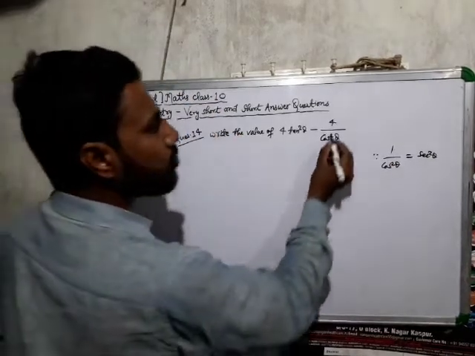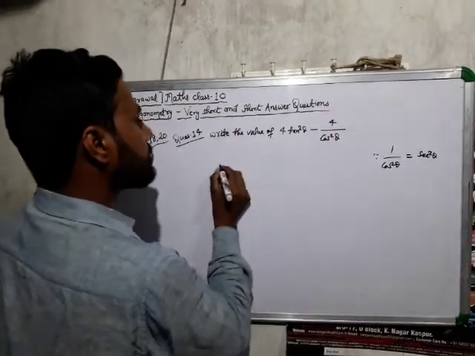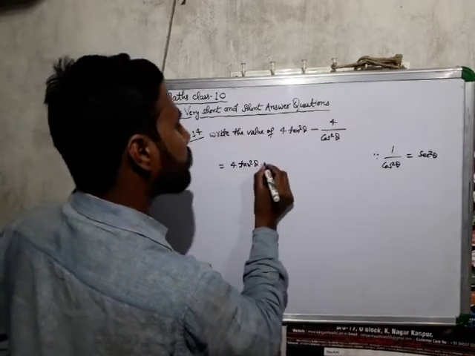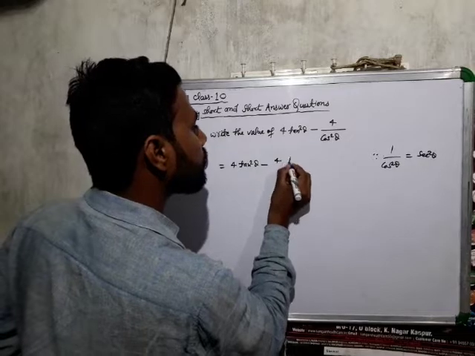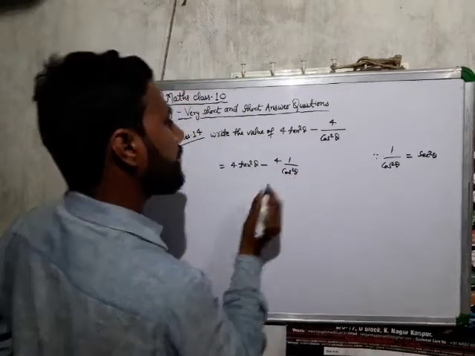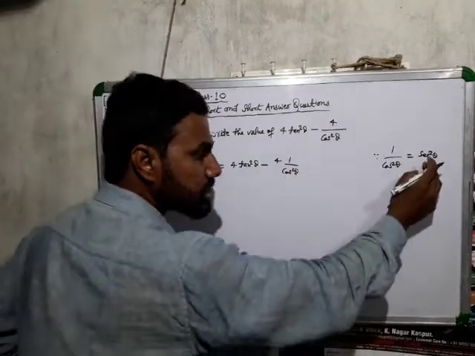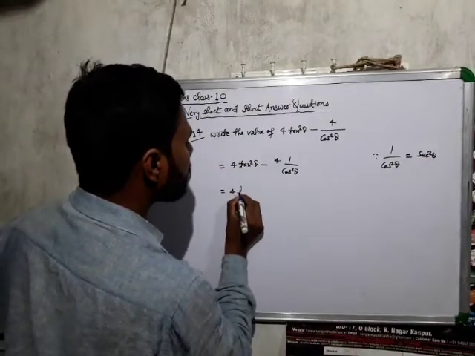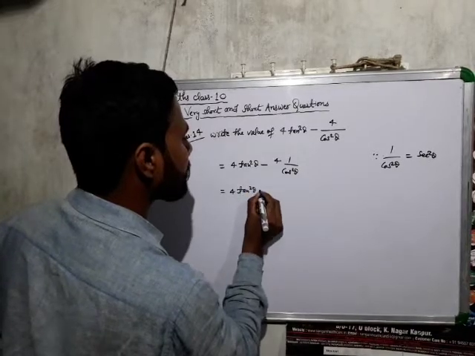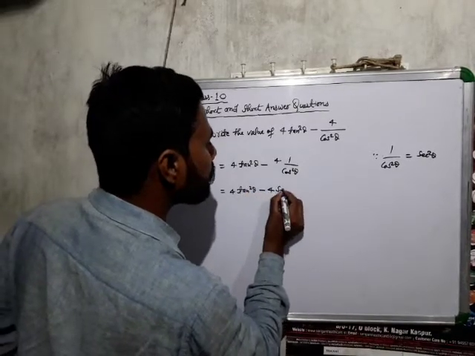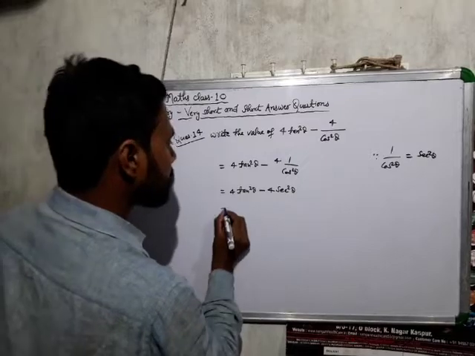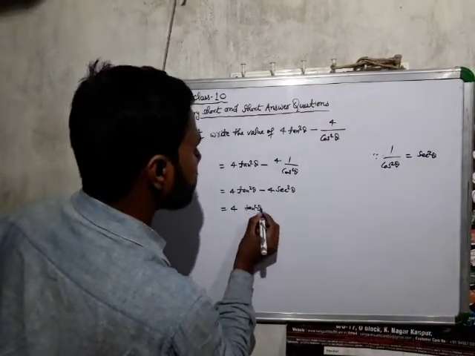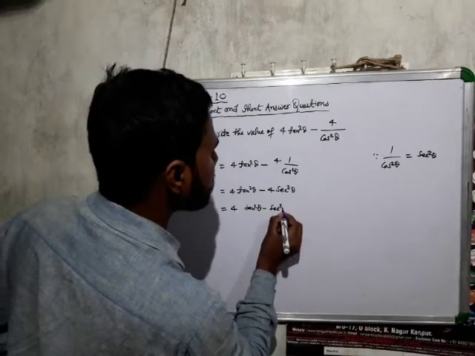Putting this value, it is equal to 4 tan square theta minus 4 sec square theta. 4 is common, so 4 times tan square theta minus sec square theta.